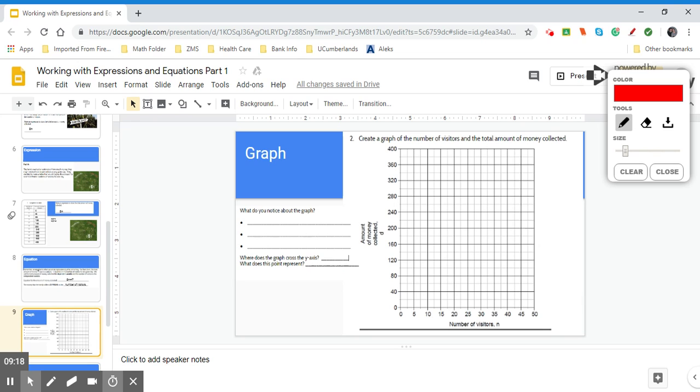So let's look at our table, and we see that if nobody comes, so we have 0 visitors, the family makes no money. All right, let's say 5 visitors come, and we found that 5 times 8 gives us 40. 10 visitors come, 10 times 8 gave us 80.